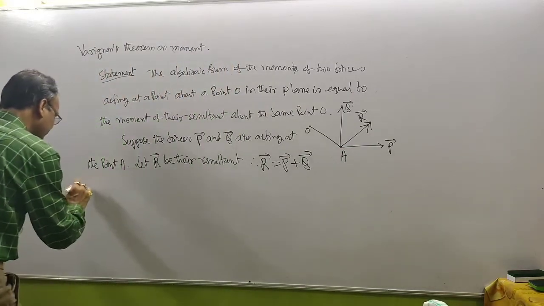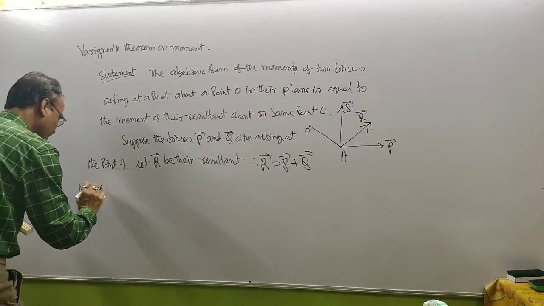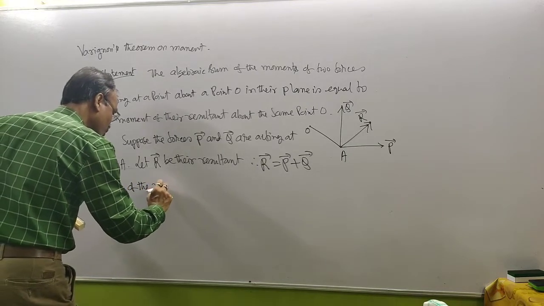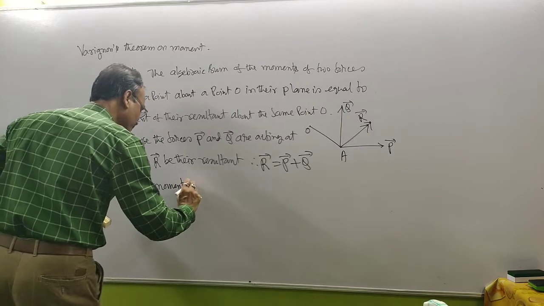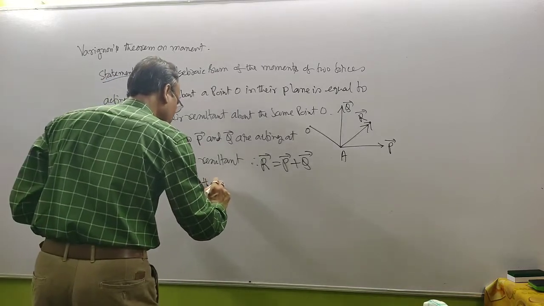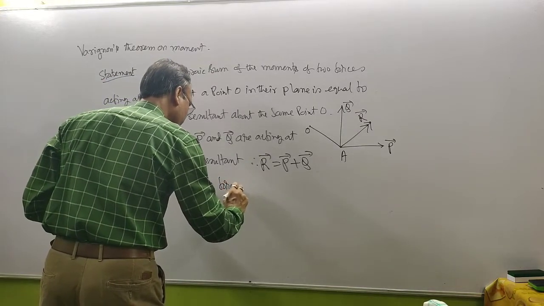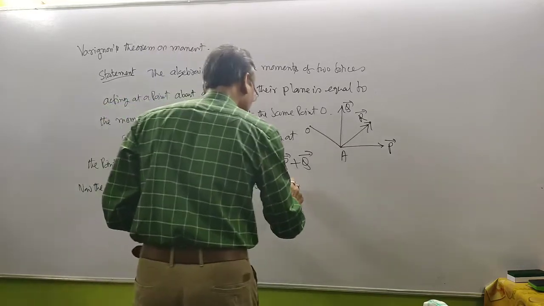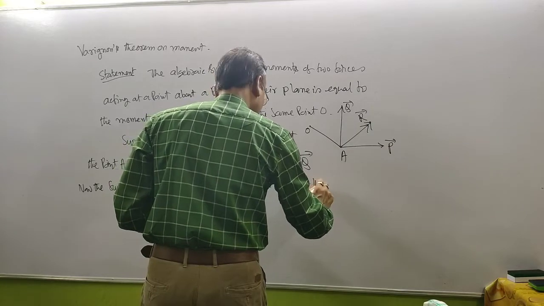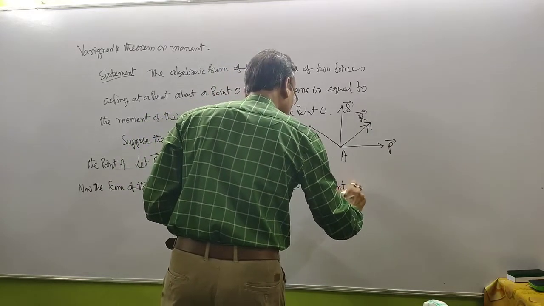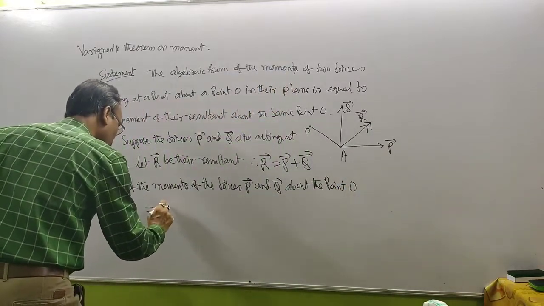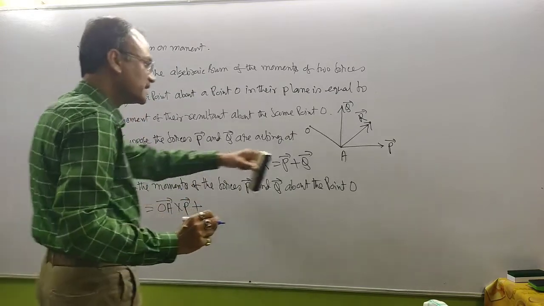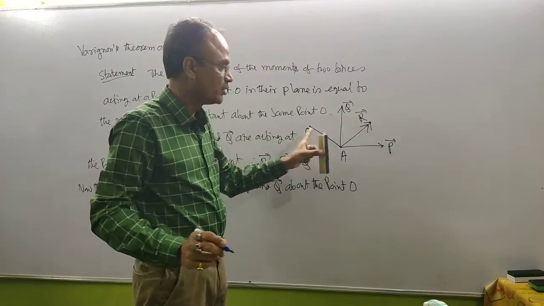Therefore, now the algebraic sum of the moments of the forces P and Q about the point O should be equal to OA vector cross P plus, what is the moment of the force Q about the point O?